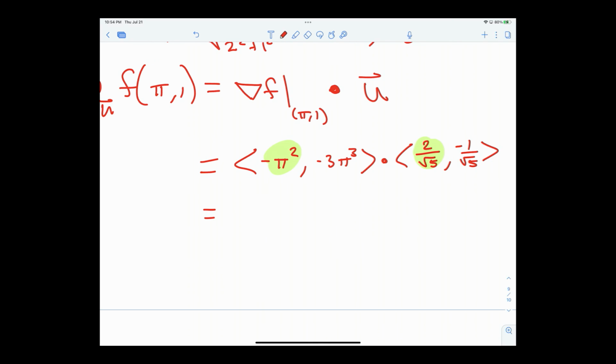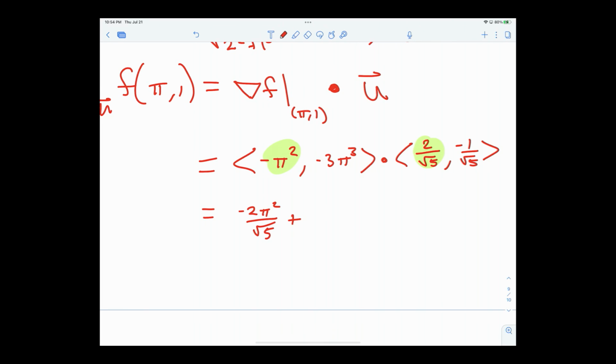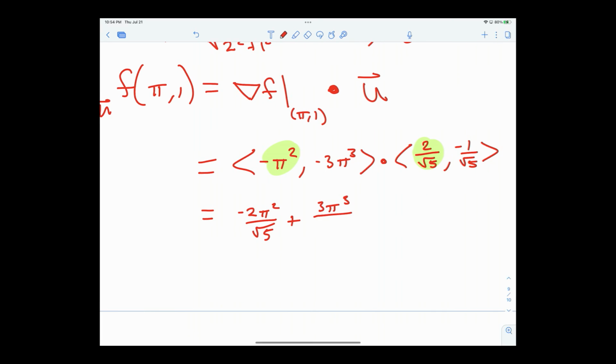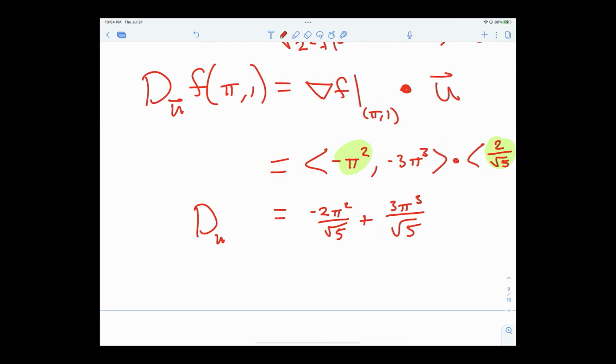We're going to get negative 2 pi squared over root 5 plus, and actually it will be a plus, these two multiplied together, a negative and a negative will be a positive, so we're going to have 3 pi cubed over root 5 on the bottom. Looks right. So this must be the directional derivative of f in the direction at pi, 1.